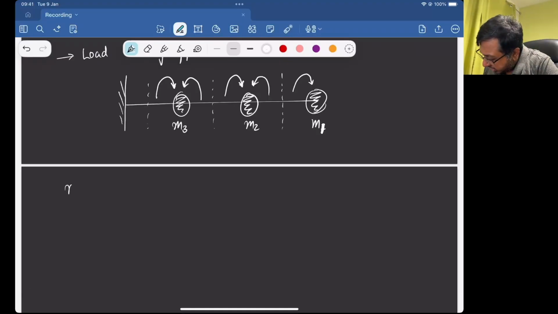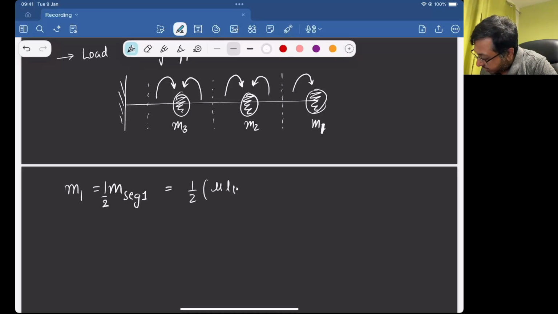So let's say M1 is nothing but the mass of segment 1, or half of the mass of segment 1, right? So if I would write that, half mu into the length of the segment, that's nothing but half mu into L by 3, that's nothing but mu L by 6.